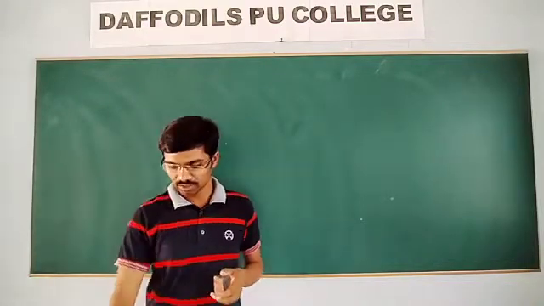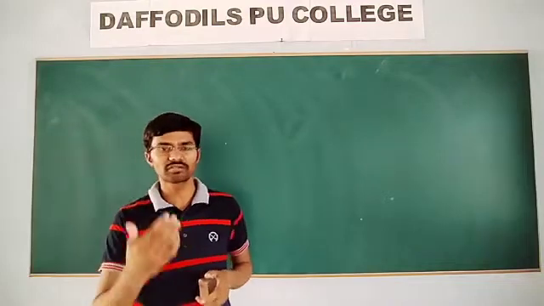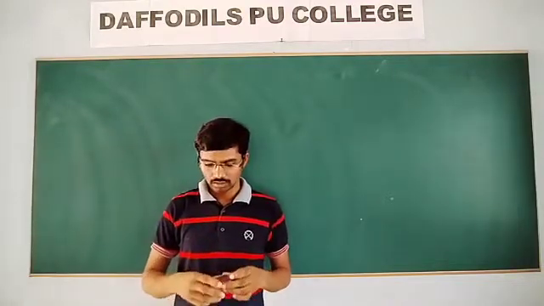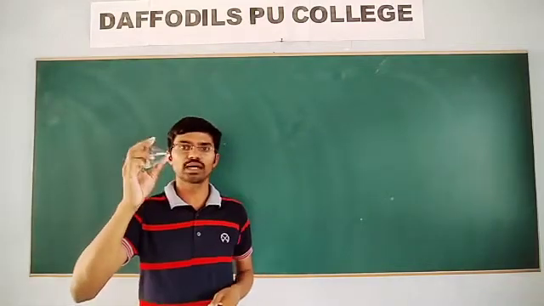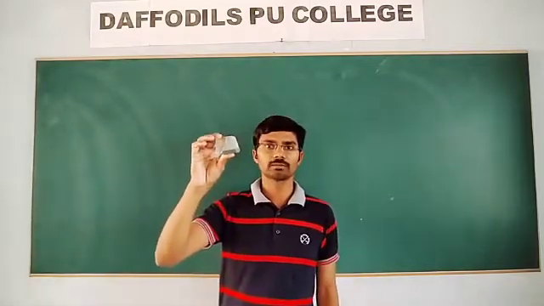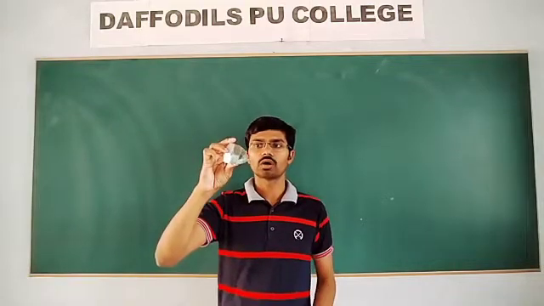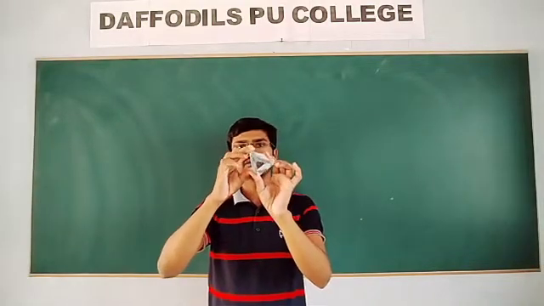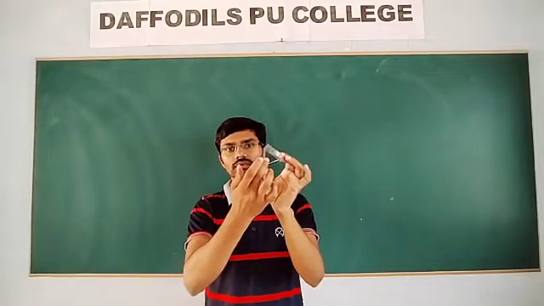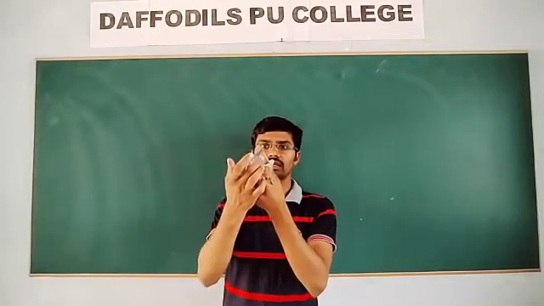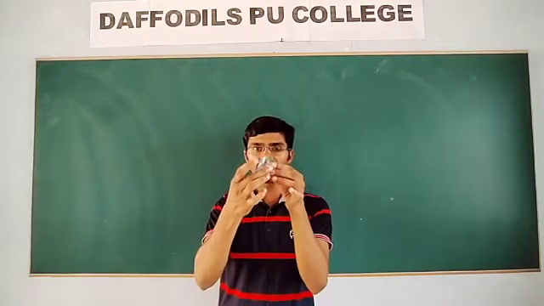Let me explain the refraction. How does refraction take place through a prism? Let me show. This is what we know already, a prism. And for this prism, you can observe how many surfaces there are. Here one triangular face, and this is the second triangular face. So we have two triangular faces.